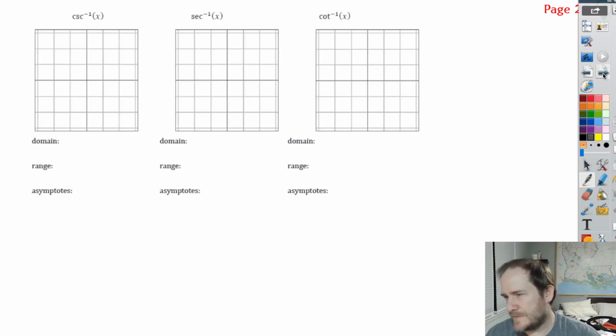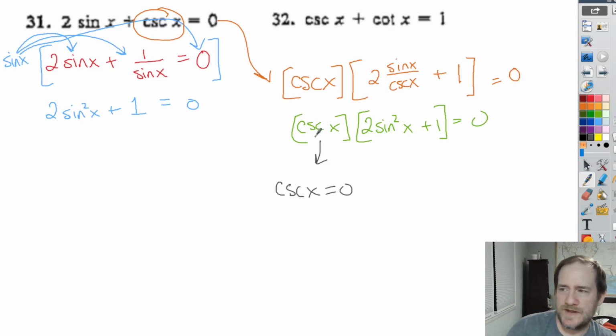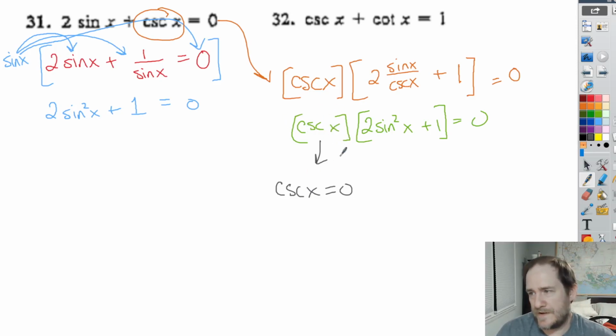So this is actually a little bit of a new situation. It's not that cosecant gives us solutions that are extraneous, it's that it just literally doesn't give us solutions anyway. So having it there is kind of irrelevant because the equation that it generates has no solution. So the only solutions we get are from this factor here.